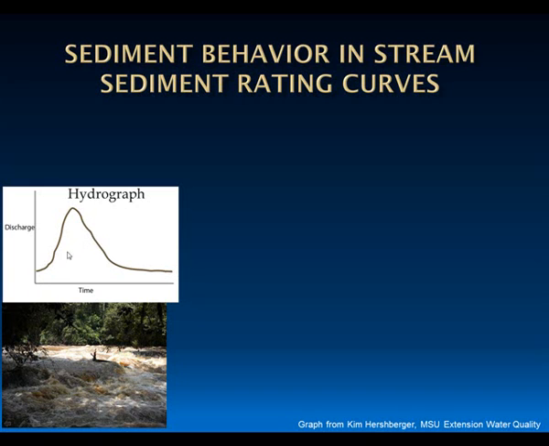And the reason that we have such high sediment, so if we added another axis over here for sediment, we might expect the sediment concentration to parallel the discharge in the stream. That's because at the highest flows, the stream has the most energy to transport sediment, and also at the highest flows, you might have the most overland flow moving into the stream, carrying those sediments in.